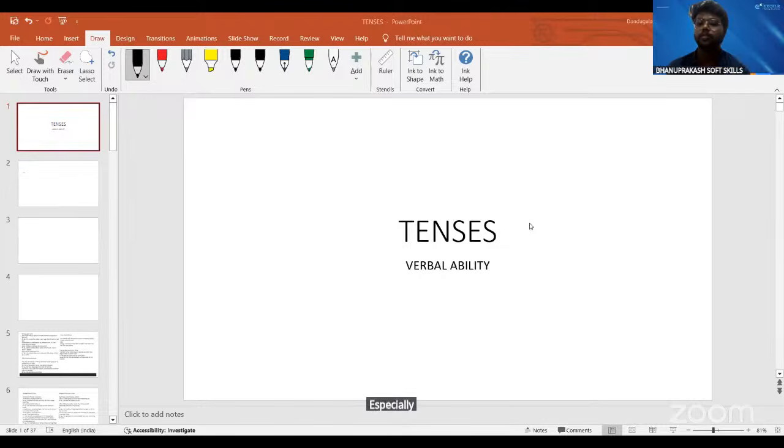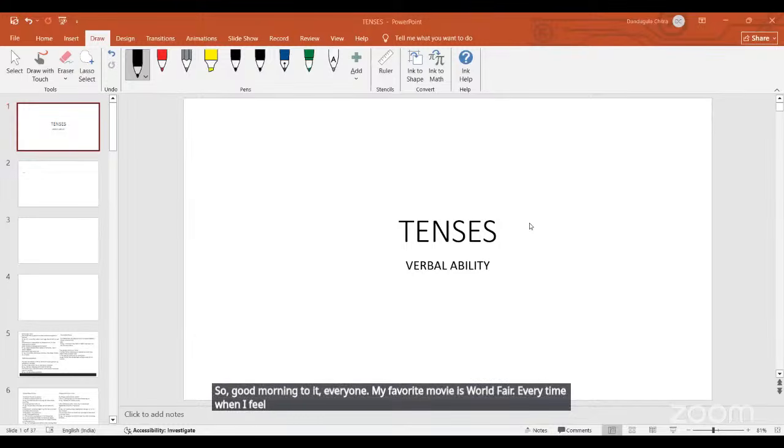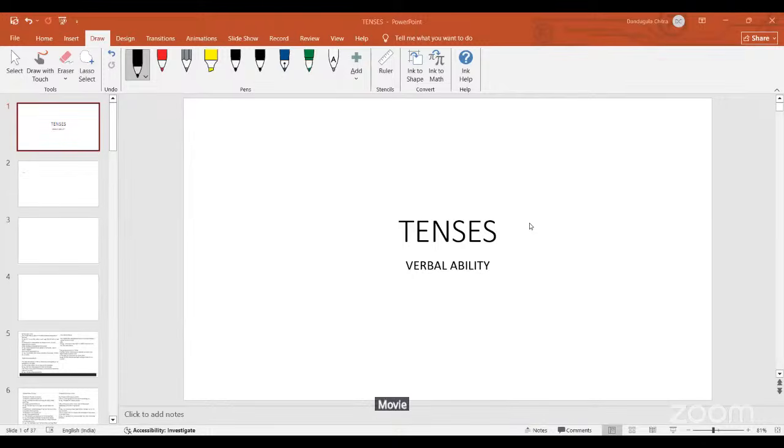Yes, Abhishek. Okay, Abhishek. So good evening to everyone. My favorite movie is 12th Fail. Every time when I feel down, if I watch the movie, I get motivated a lot. Why?